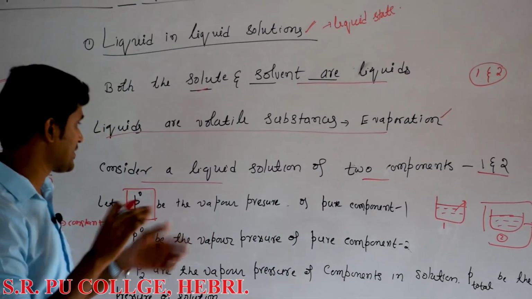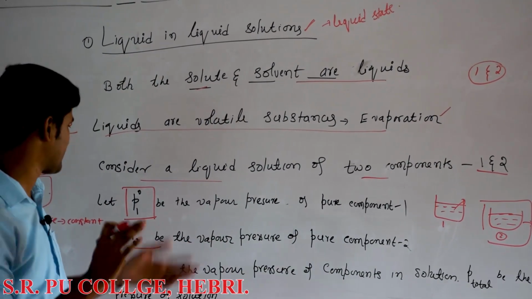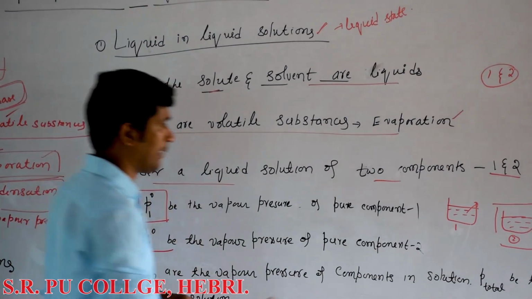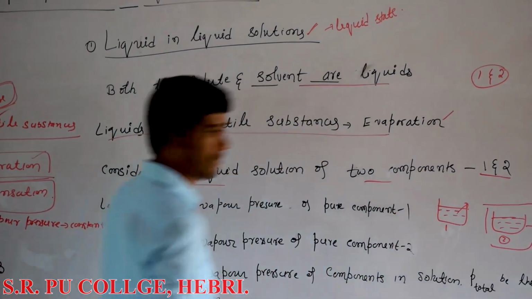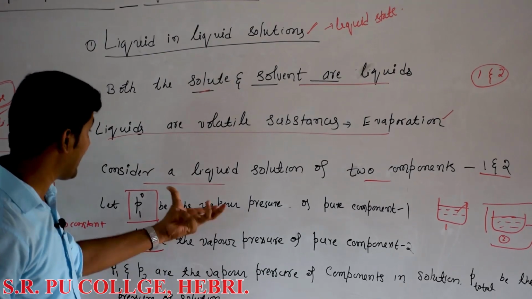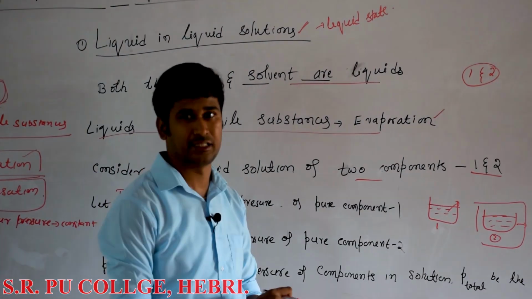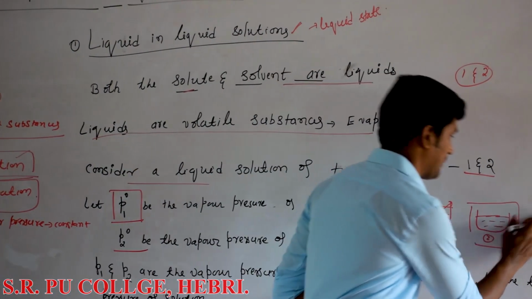Now when you mix these two components 1 and 2, you will get a solution. In the solution, the vapor pressure of these two components changes into some other value.